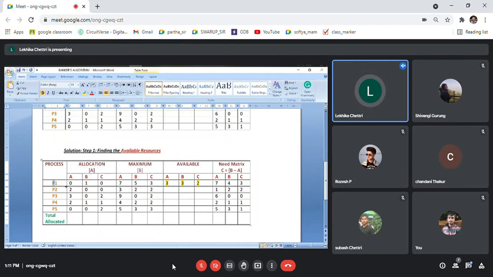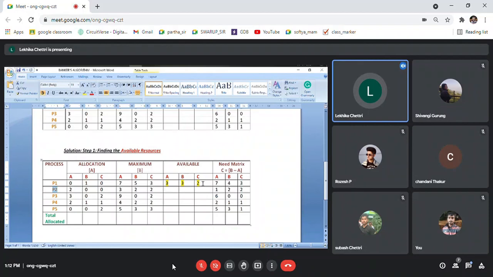So P2. The operating system comes to P2 and checks its need matrix. It finds that it needs only 1, 2, 2. And how many resources does your system have? Your system has 332.